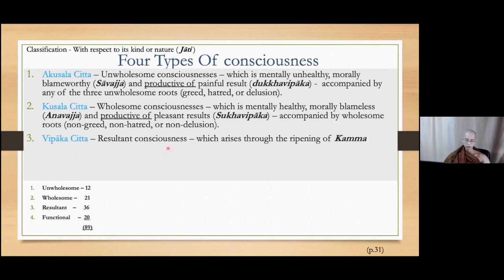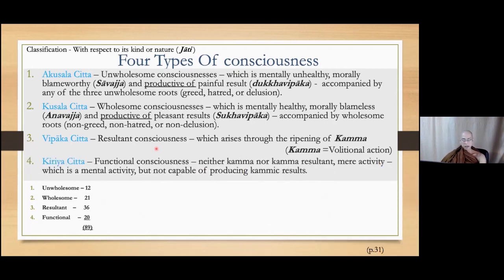That's why vipaka consciousness arises through the ripening of karma. Volitional activity is done, and it waits for some time according to its nature to be ripened. Then when it is ripened, it produces the result. One of the results is the resultant consciousness. Here karma refers to volitional action.